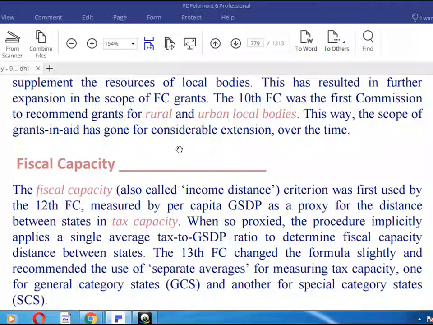Fiscal capacity. The first criterion was called income distance. It was first used by the 12th Finance Commission, measured by per capita GSDP as a proxy for the distance between the states in tax capacity.